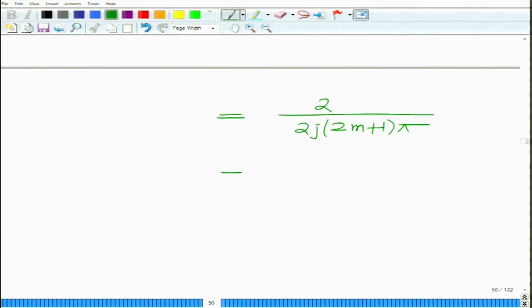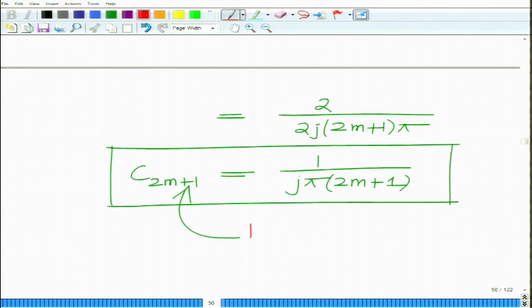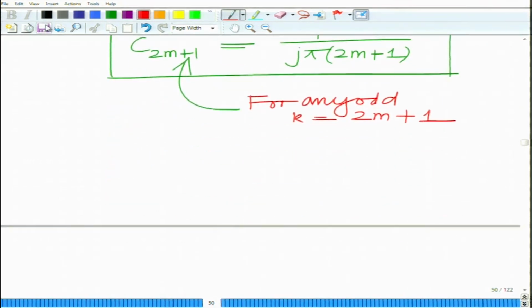So for any odd k equals 2m plus 1, Ck is 1 over j pi times (2m plus 1). So for even k it is 0, and for odd k it is 1 over j pi (2m plus 1).